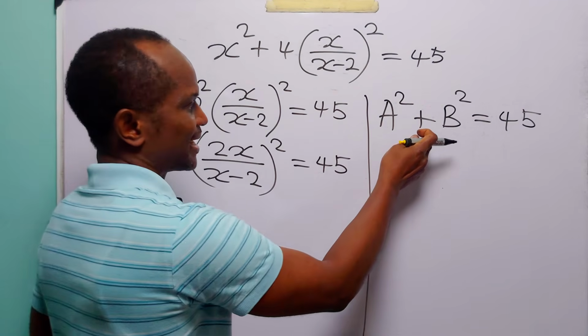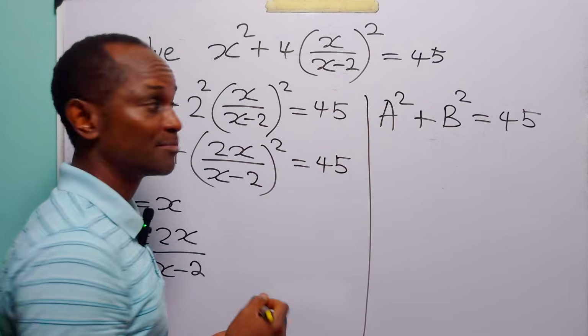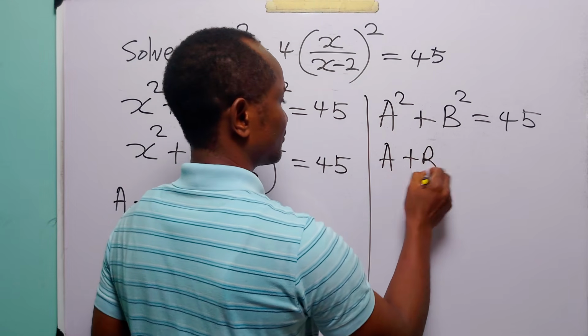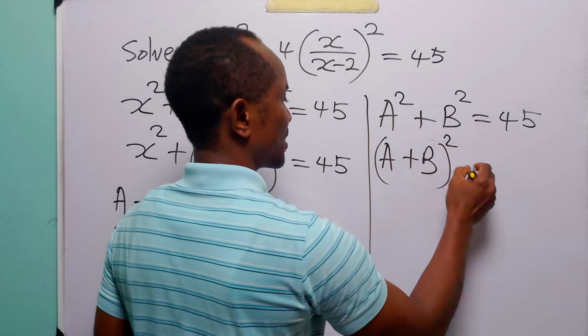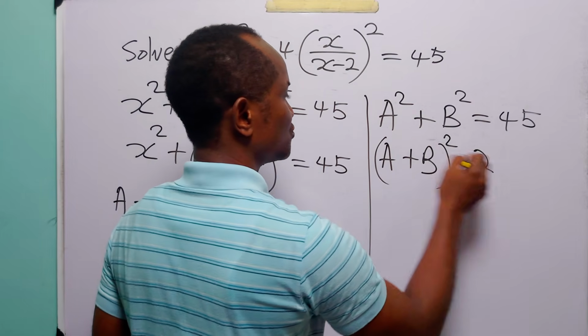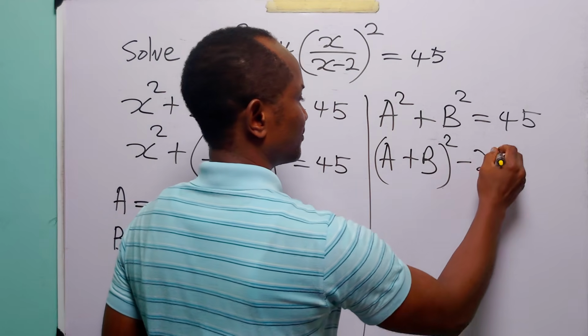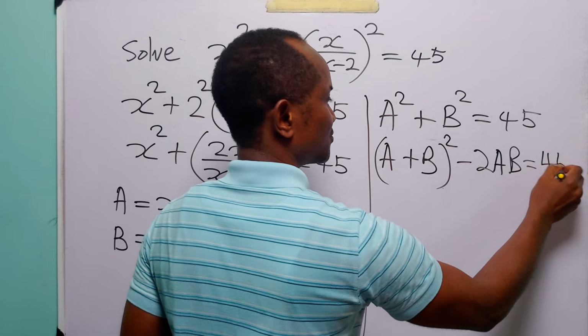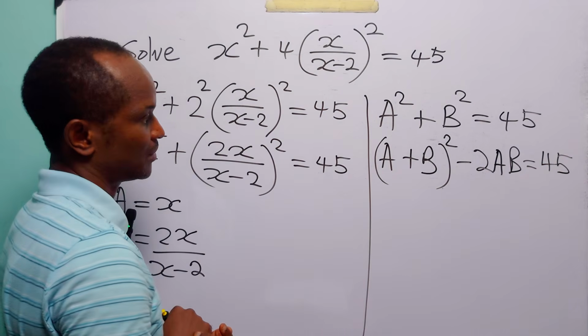But also remember that this left hand side can be written as a plus b squared minus 2 times ab. And of course, this is still equal to 45.